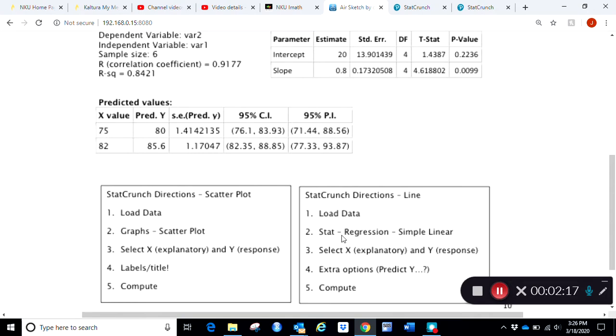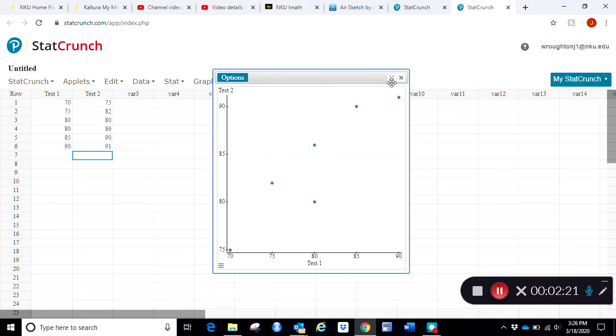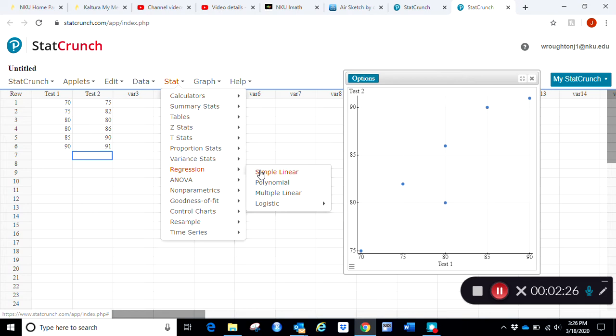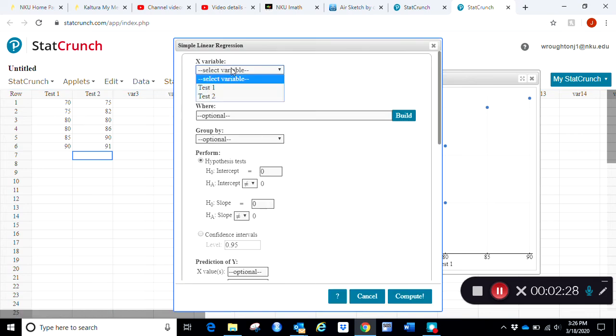We're then going to go to Stat, Regression, Simple Linear. Then we're going to again choose our X and our Y. At this point, that's all I'm going to do because that's all we're going to talk about currently. And then I'll show you the extra things that I added here shortly.